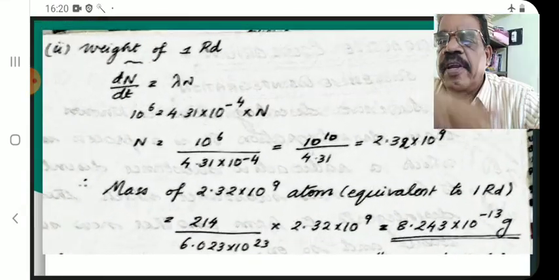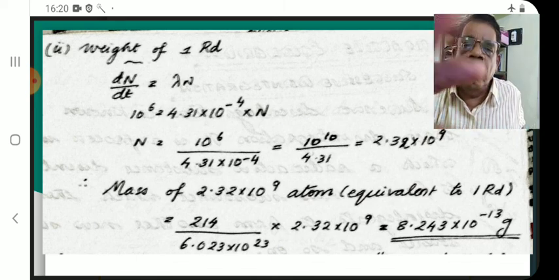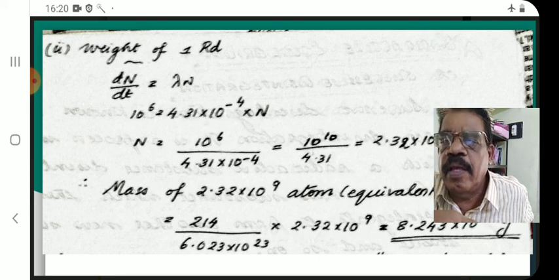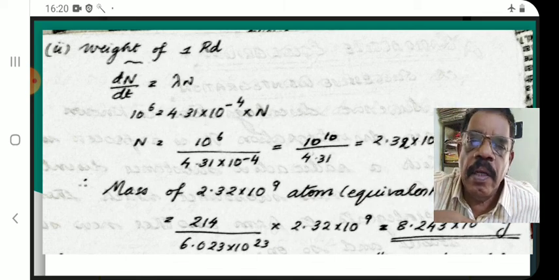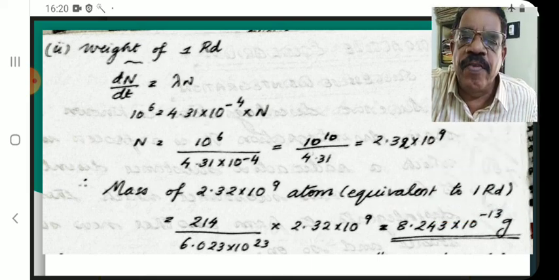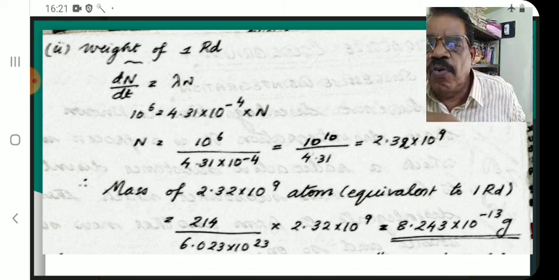We know the weight of radon. Now the weight of one Rutherford. dN by dt equals lambda N. One Rutherford is 10 raised to 6 disintegrations per second. Therefore, 10 raised to 6 is equal to 4.31 into 10 raised to minus 4 into N. N we find in the same manner, we get 2.32 into 10 raised to 9.